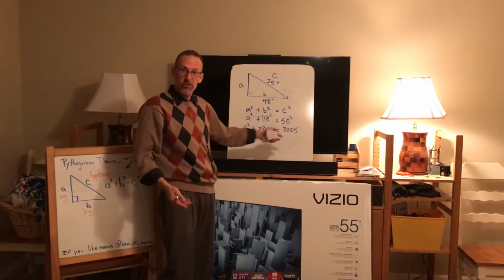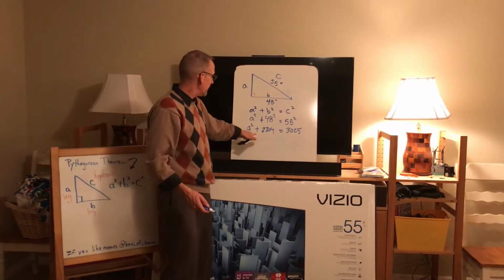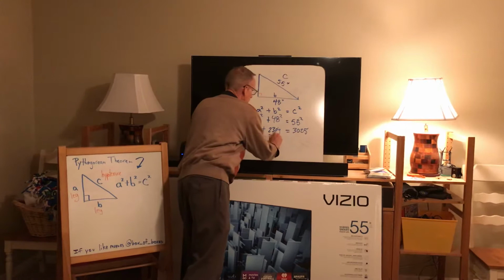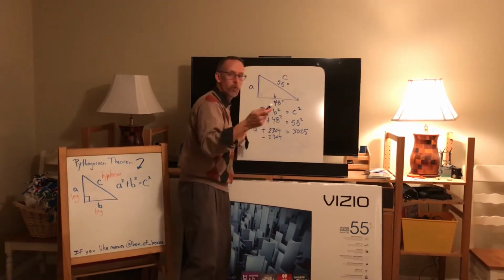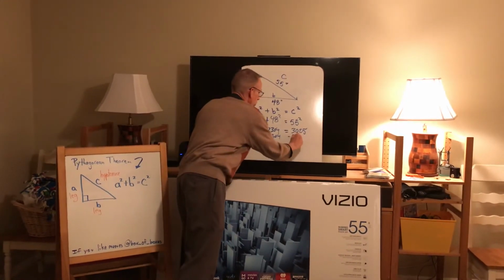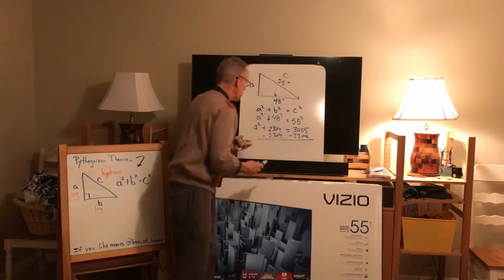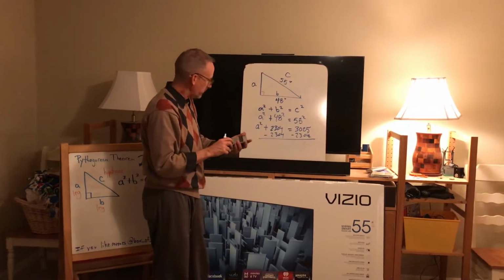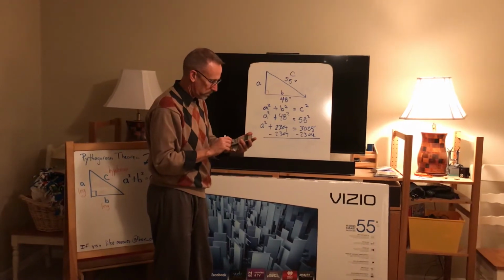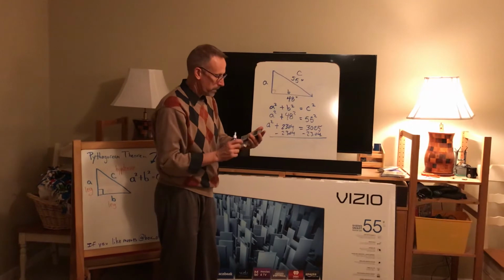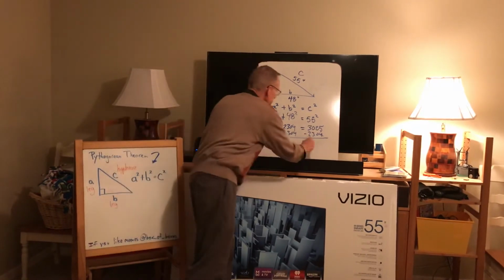If I want to solve this and get the variable by itself, I'm adding this number, so I need to subtract the same amount from both sides. 2,304, that's a 4. So what is 3,025 minus 2,304? Thank you, calculator, saves us a little time here. 721.